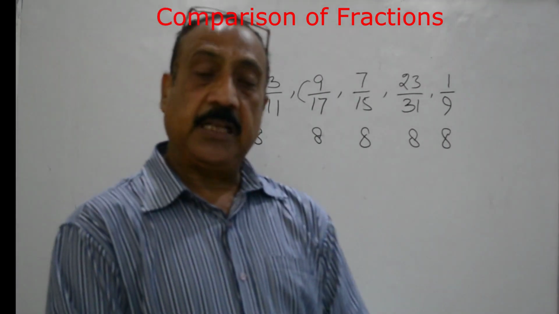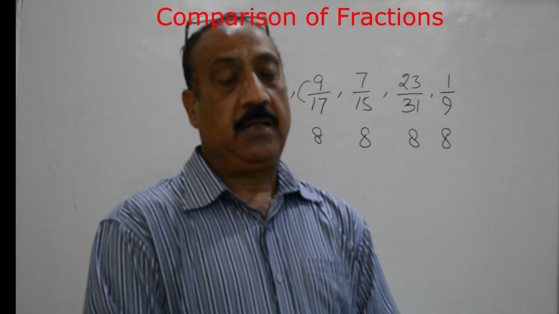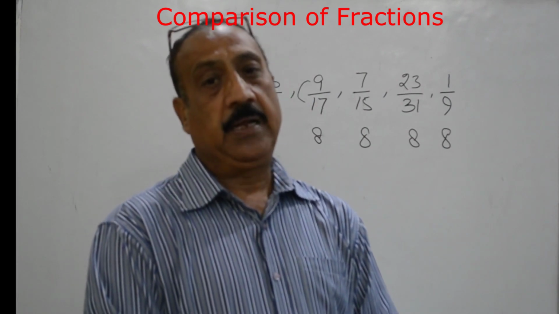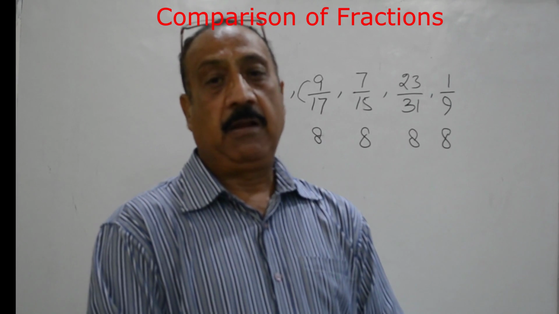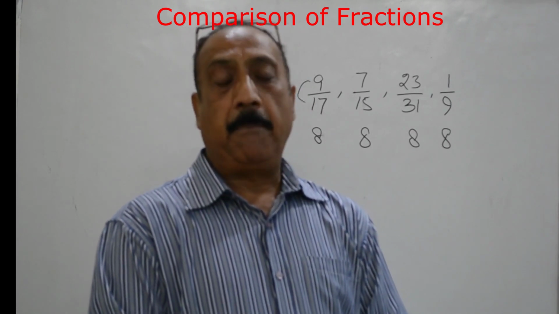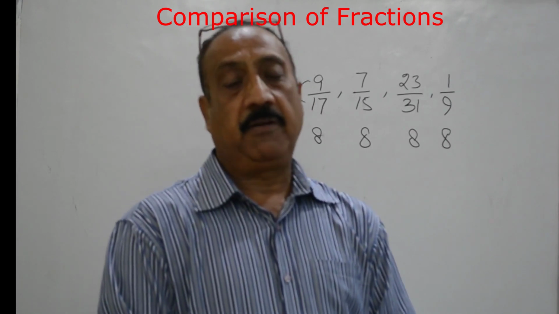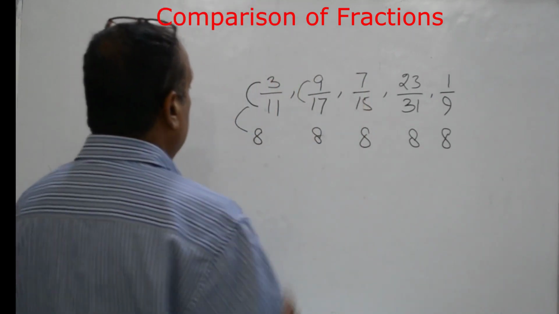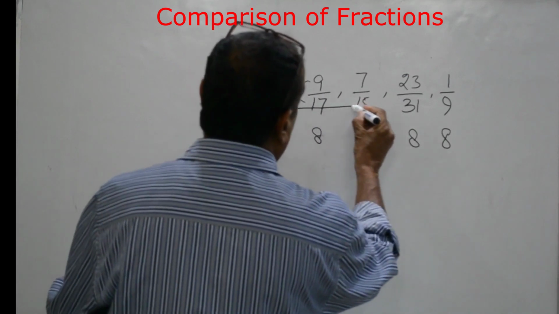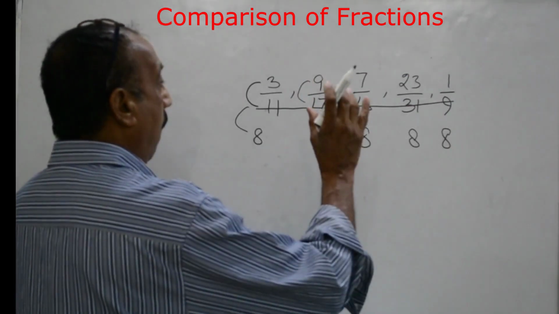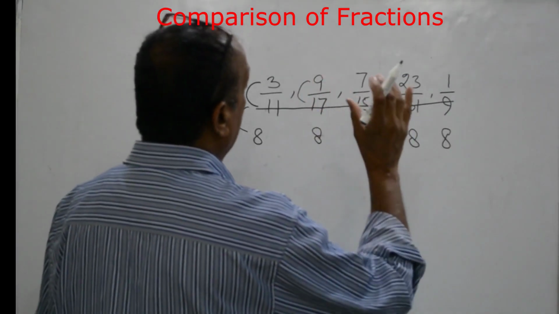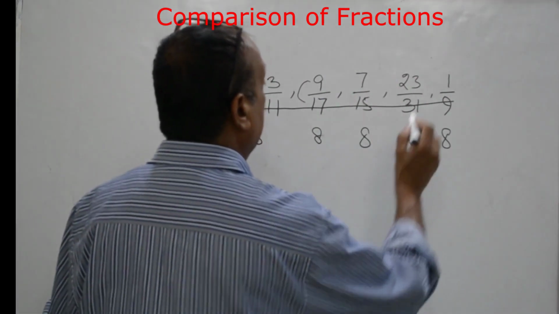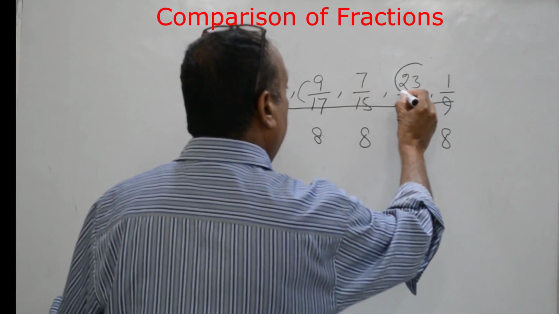So in the situations where the difference of the numerator and the denominator is the same, we can make the comparison with the help of our observation. In such cases, just forget about the denominators and focus on the numerators. The biggest numerator in such cases is the biggest fraction.